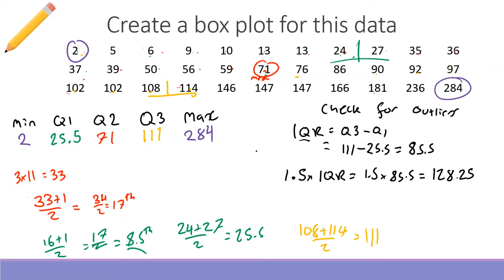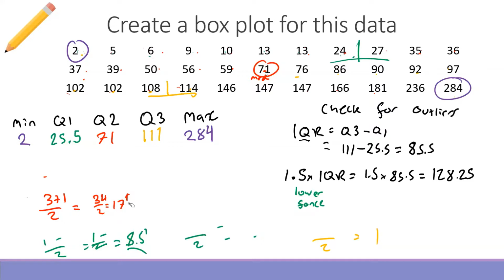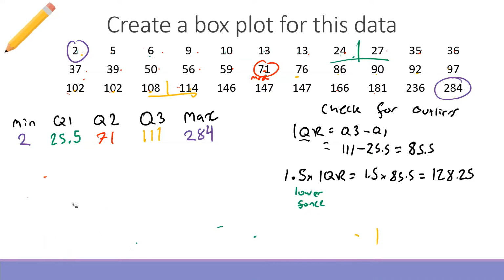So now what we're going to do is find the lower fence. I'm going to get rid of some of this extra data here. The lower fence is found by taking Q1, the lower quartile, minus 1.5 times the interquartile range.